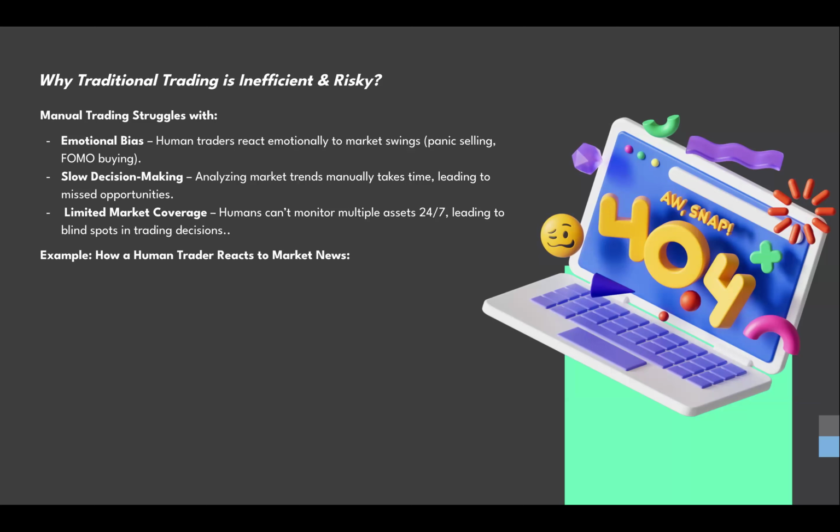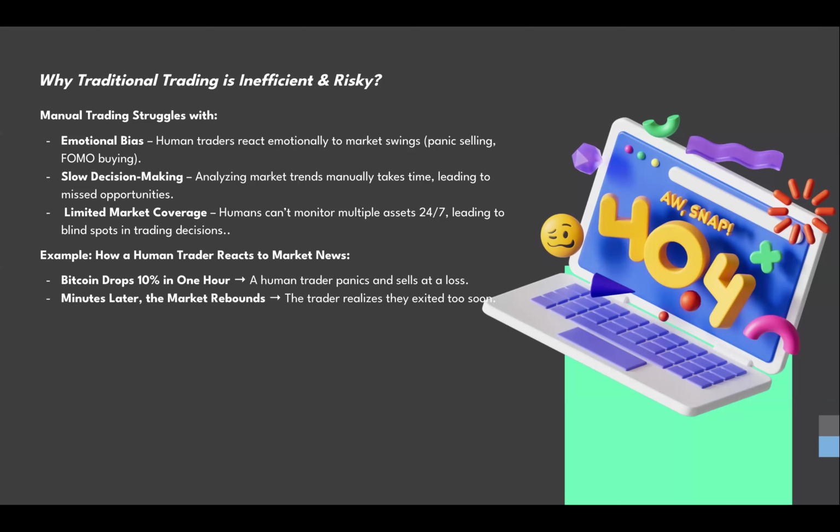A human trader reacts to news differently. Let's say Bitcoin drops 10% in an hour. The human trader will panic and sell at a loss. A minute later, the market might rebound, and the trader realizes, oh, why did I sell? I should have waited a bit. The trader thought the market was going against them.